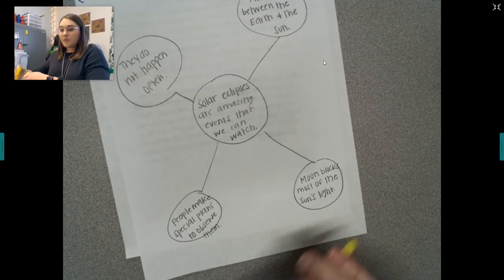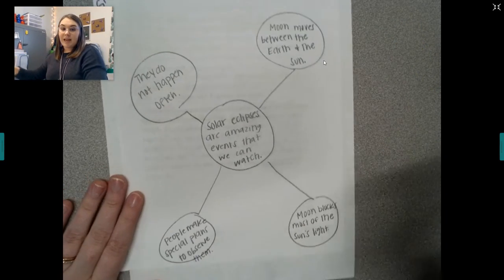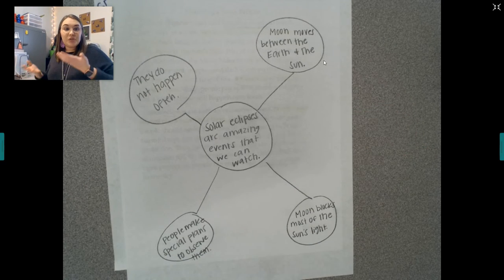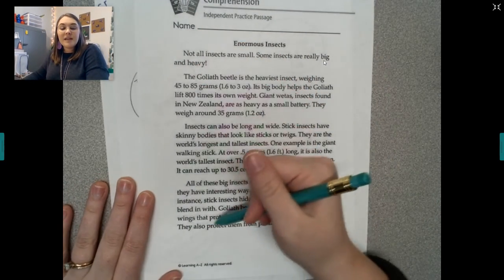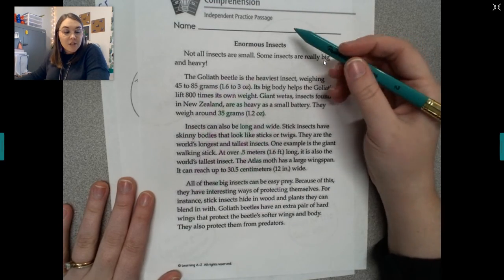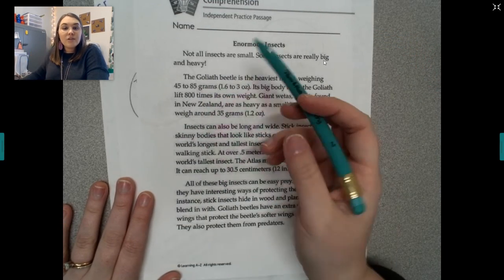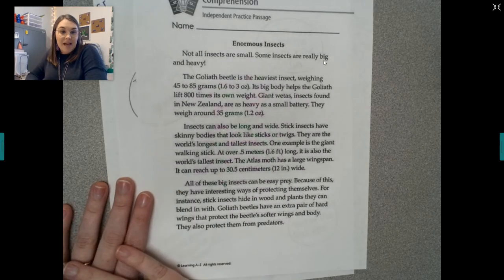So I hope that you see how I got that central idea and the 4 details that I used to support it. So now when you go to do your assignment, I'm going to post a picture, not a PDF, a picture of this passage right down below. It's called Enormous Insects.